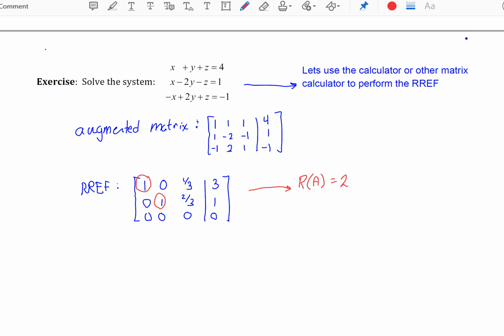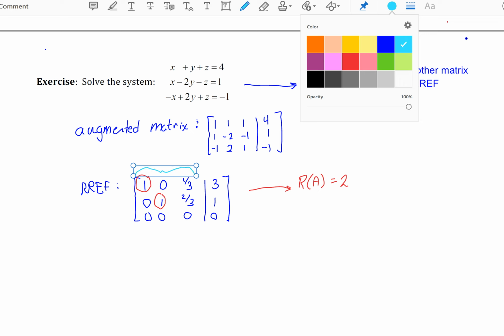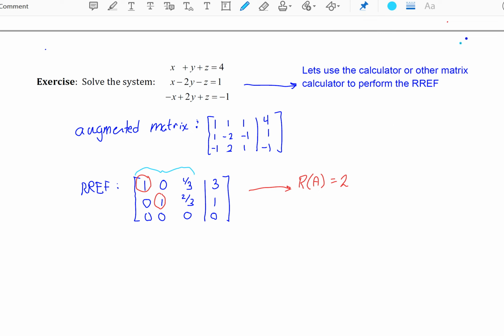But remember, there are 3 columns in the coefficient matrix. So because the rank of A is 2, which is less than 3, this tells us we're going to have an infinite number of solutions.